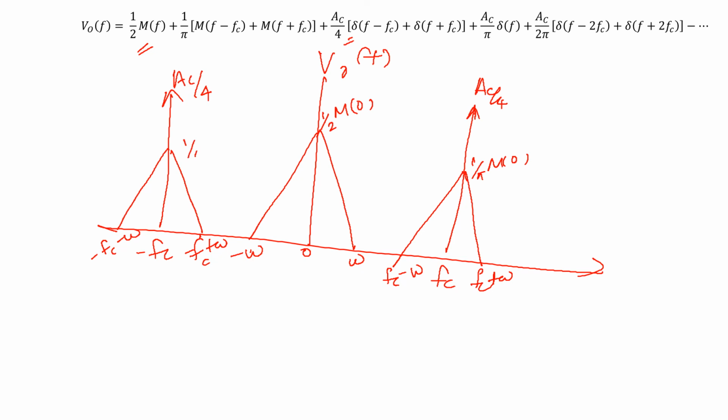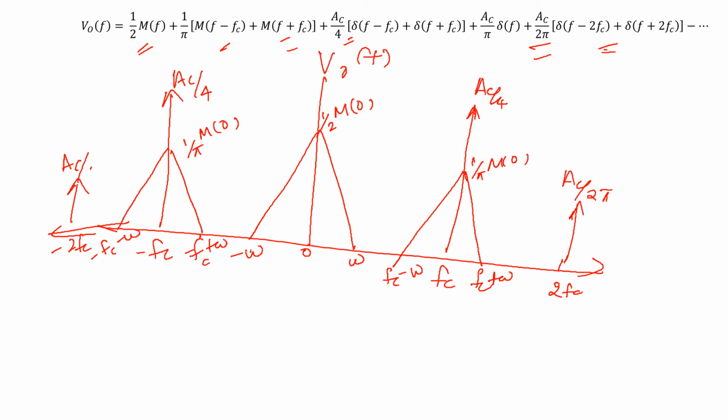Similarly, here also it is going to be 1 by pi into m of 0. Okay. Now in addition, you have the center frequency, plus 2fc, and here again you have minus 2fc. What is your amplitude? AC divided by 2 pi, AC divided by 2 pi.